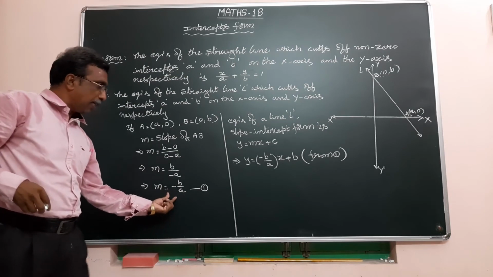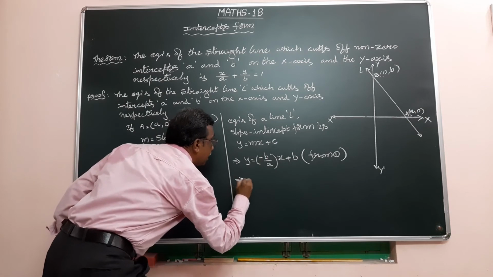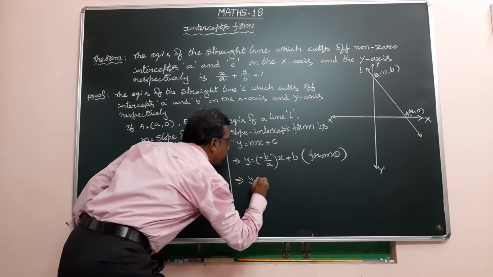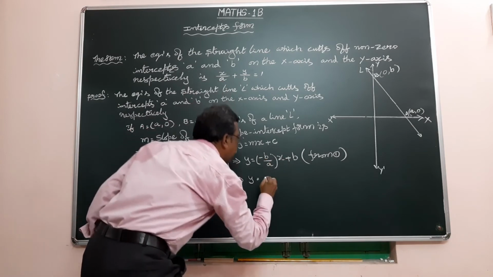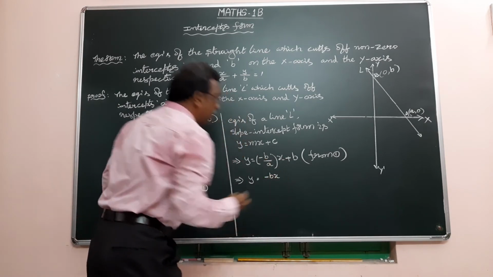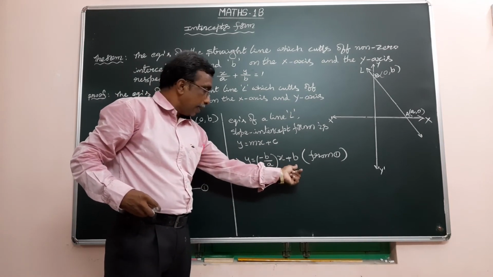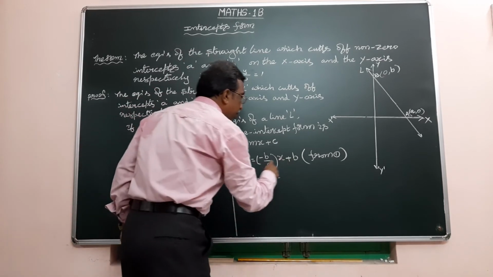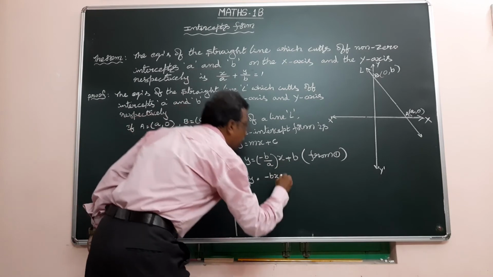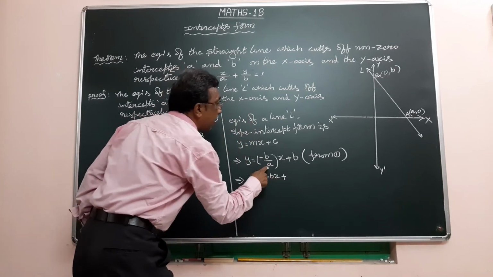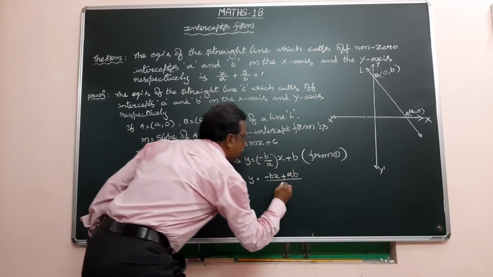Now substituting this value in this equation, that implies y equal to minus b into x, minus bx, by using LCM. Here a, the denominator, has only 1. Now we take LCM. LCM is a: minus bx plus ab by a.